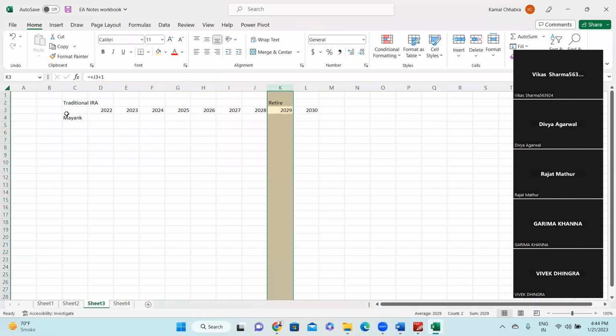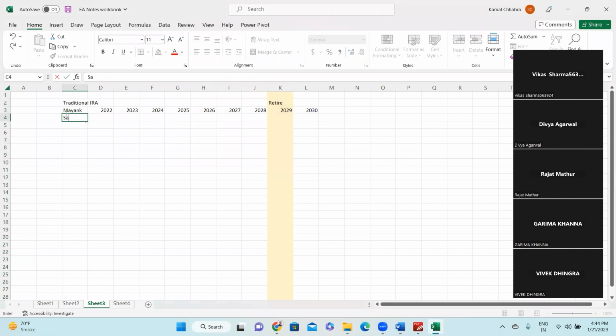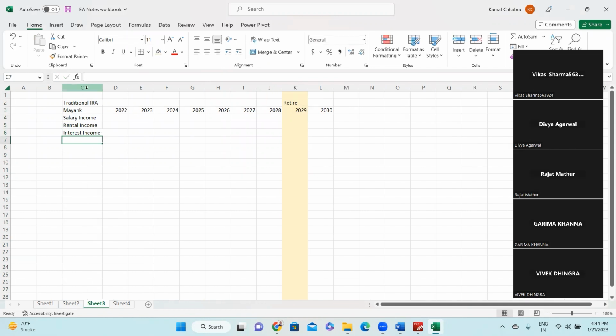And he has salary income, rental income, interest income, and what other income? Dividend.